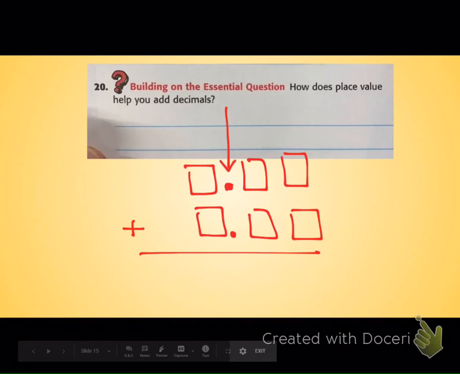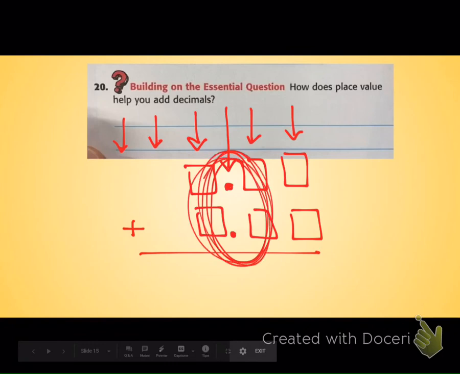Those always line up. And if the decimal points line up, that means the tenths are going to be lined up. That means the hundredths are going to line up. That means the ones are going to line up. And all the other place values are going to line up. Have to make sure that these decimal points are lined up. And if the decimal places are lined up, then your place value is going to be lined up. And that's how it helps you add decimals.